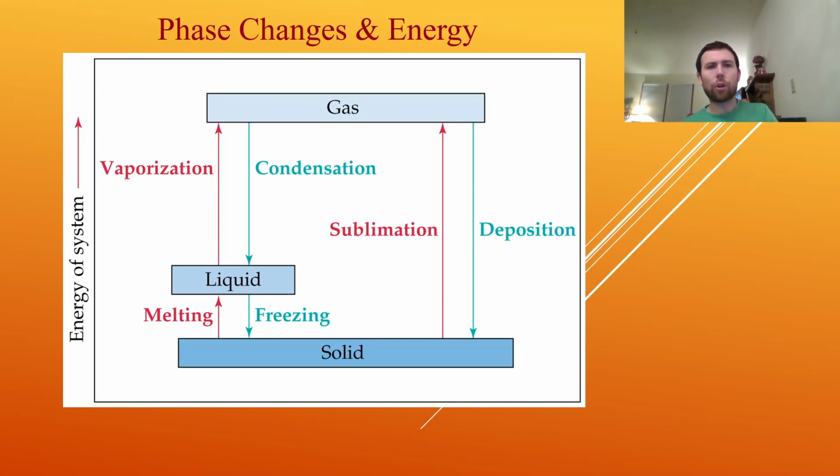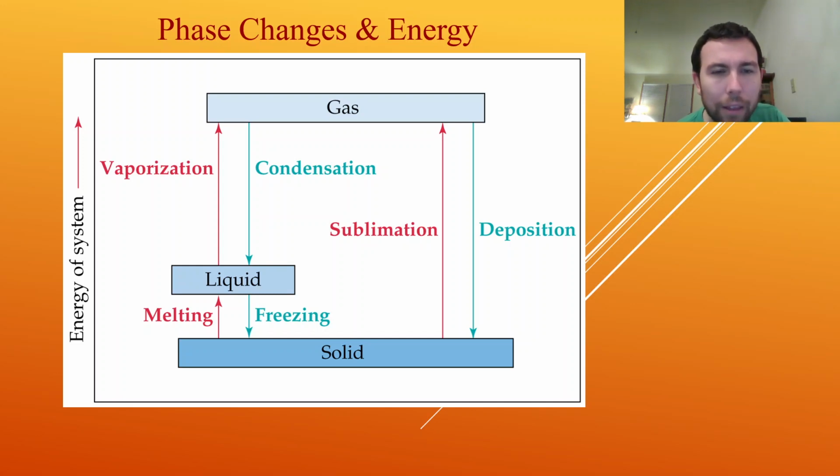Now, you're also going to notice that we've listed all the different types of phase changes that can occur. I want to focus first on the phase changes that are in red. When you look at this graphic, notice how all of those arrows are moving up, right? So going from solid to liquid, liquid to gas, and even from solid to gas. Notice that all of those show an increase in the energy of the system.